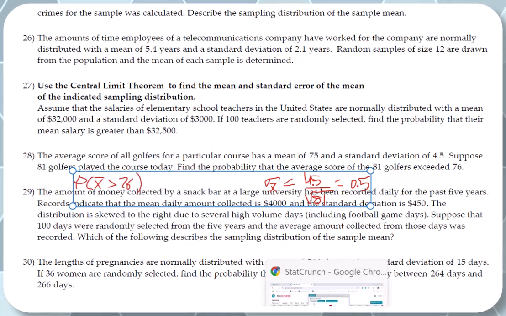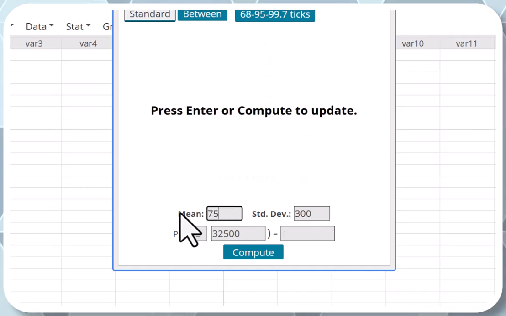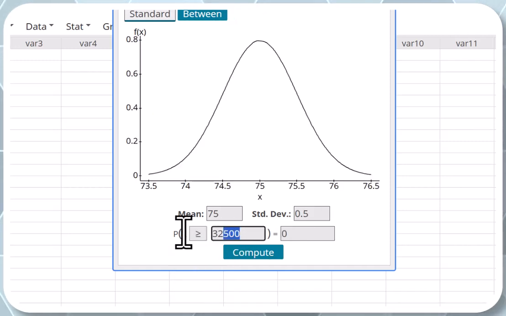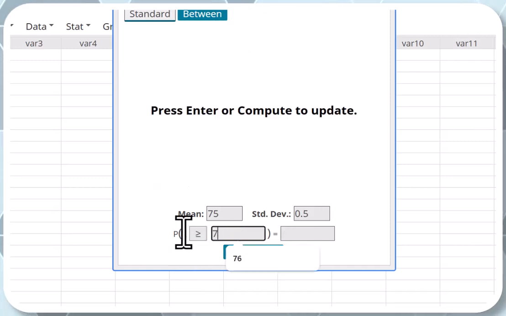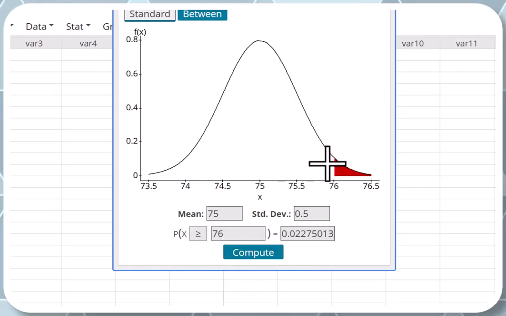So let's go to StatCrunch. Change this one to 75. 0.5. Exceeds means greater than 76. It's right here.